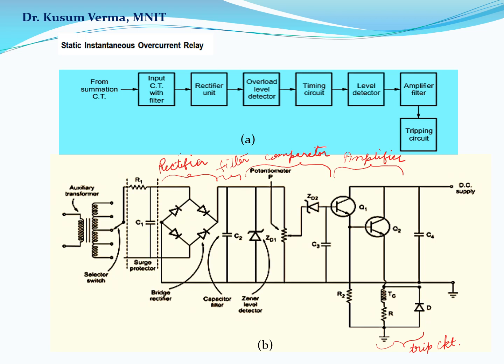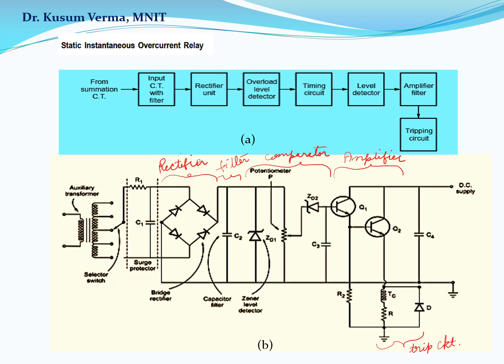The output voltage from the transformer is then rectified and smoothened using capacitor filter C2. The level of this voltage is compared with the voltage level decided by Zener diode ZD1. This Zener limits the rectified voltage to a safe value, though the fault current is very high.